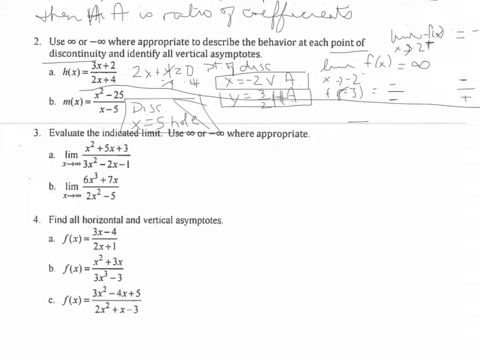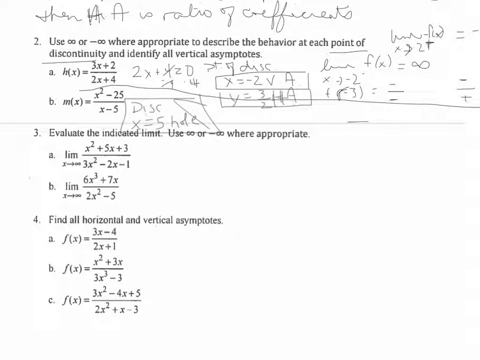Now, this is just asking us to evaluate the limit. And we would use positive infinity or negative infinity where appropriate. So if I'm looking for the limit, this is where basically I'm checking for those asymptotes. Okay? I'm going to pay attention to these first terms, and look at those exponents. Which one's bigger, or are they the same? And what do you notice on this one?